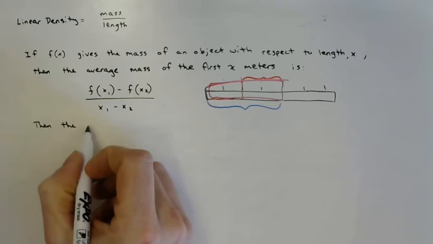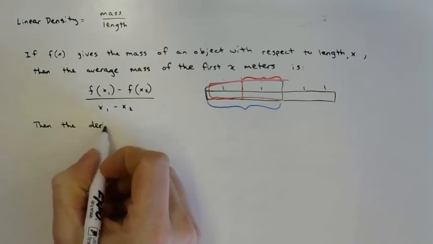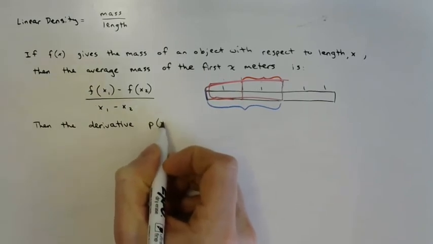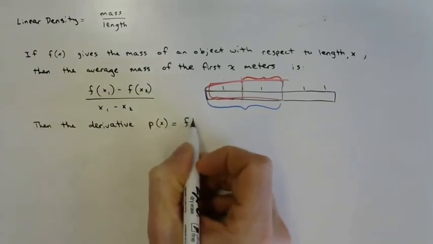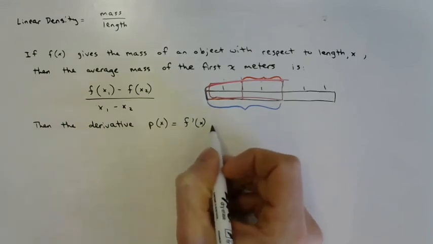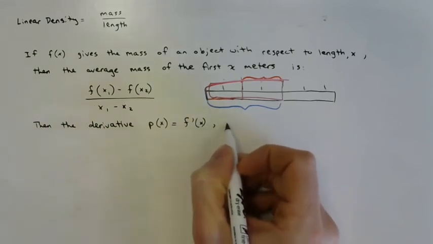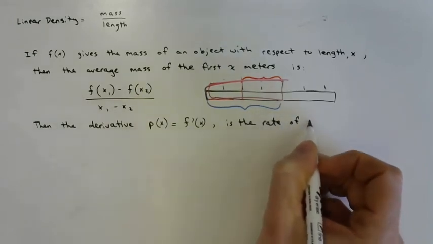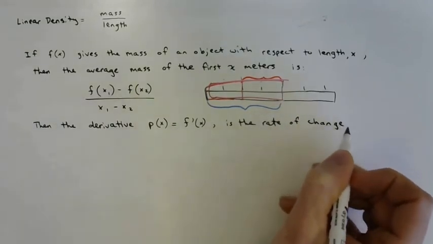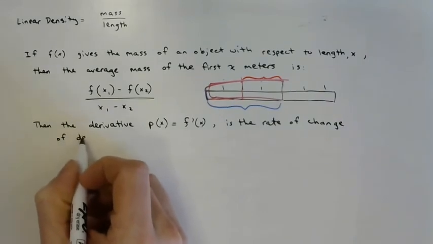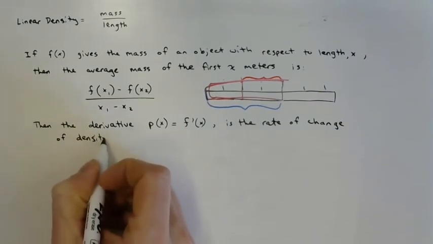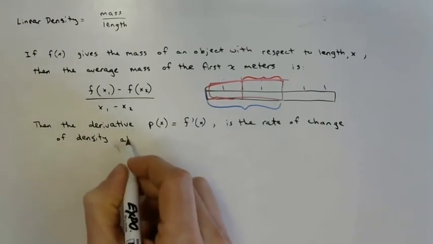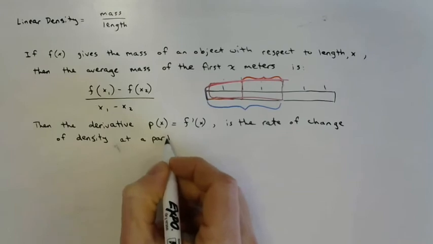the derivative p of x equals f prime of x is the rate of change of density at a particular length.